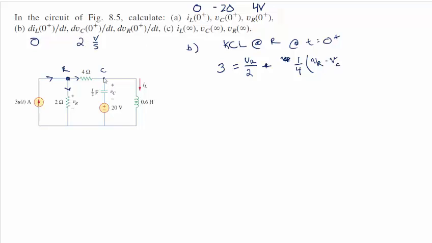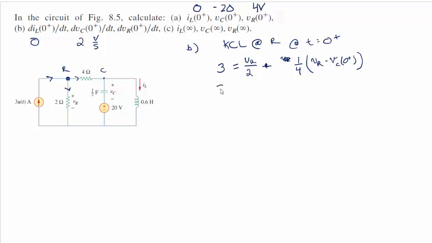It's no longer instantaneous; right at 0 plus, this was at minus 20 volts, but it does have a rate of change going forward. So this is the trick of the equation, or the thing that you have to realize. That's my KCL at that node.